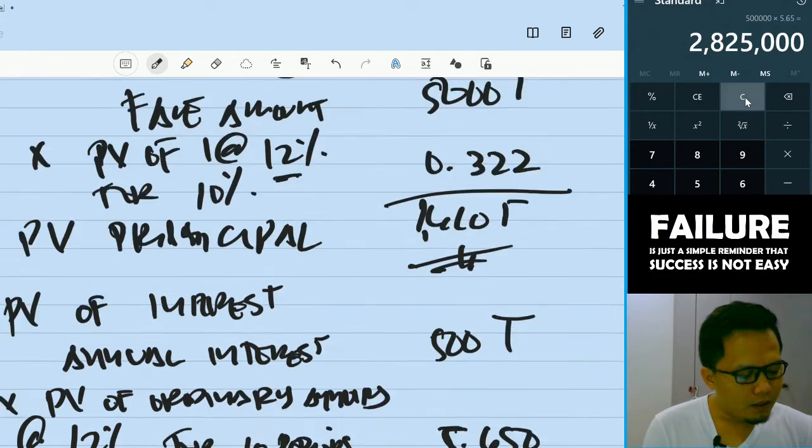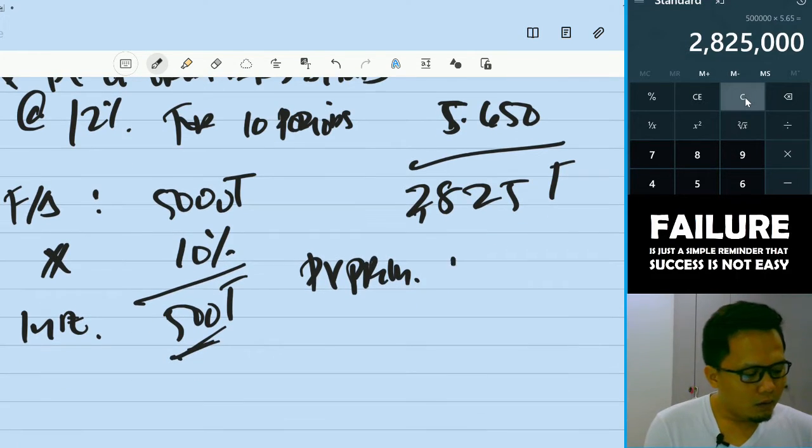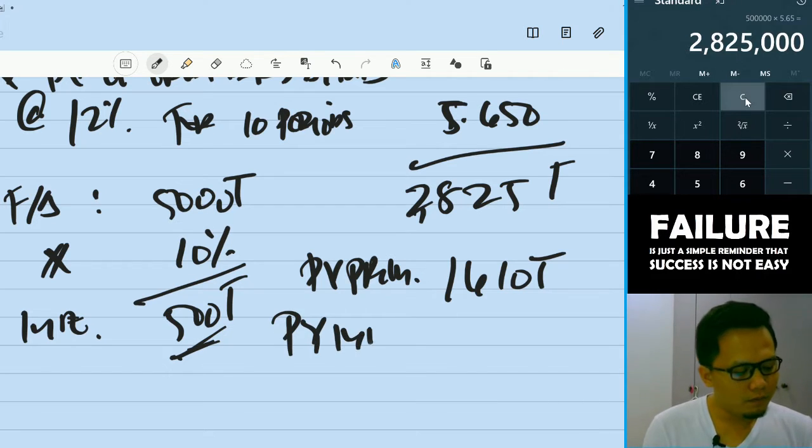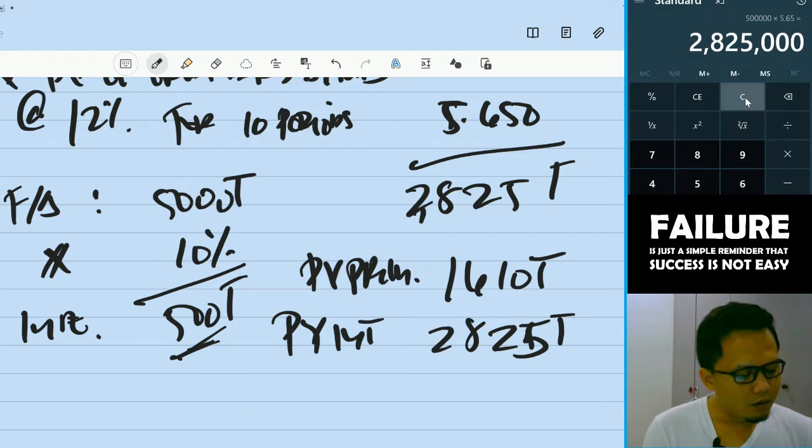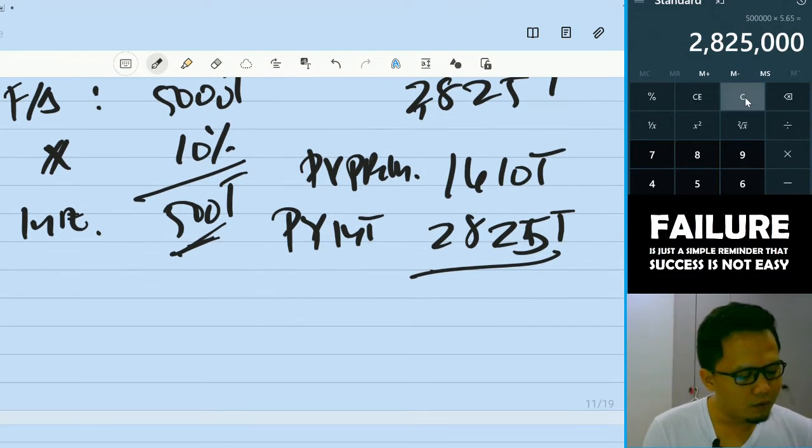Okay, kuha. So present value of principal, we have 1,610,000. Present value of interest, we have 2,825,000.